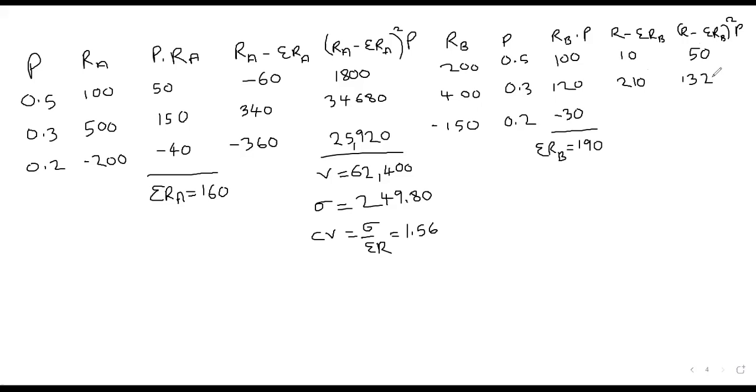Then negative 150 minus 190, which is negative 340. We square that, then multiply by 0.2, 23,120.